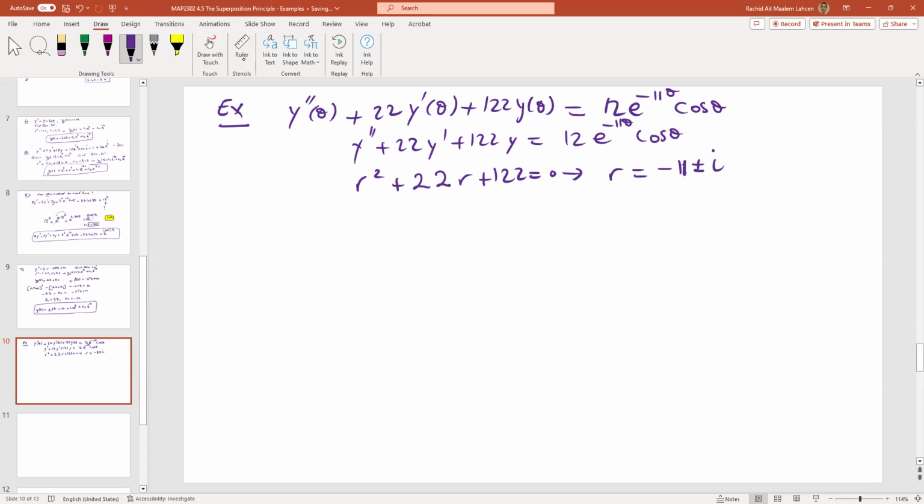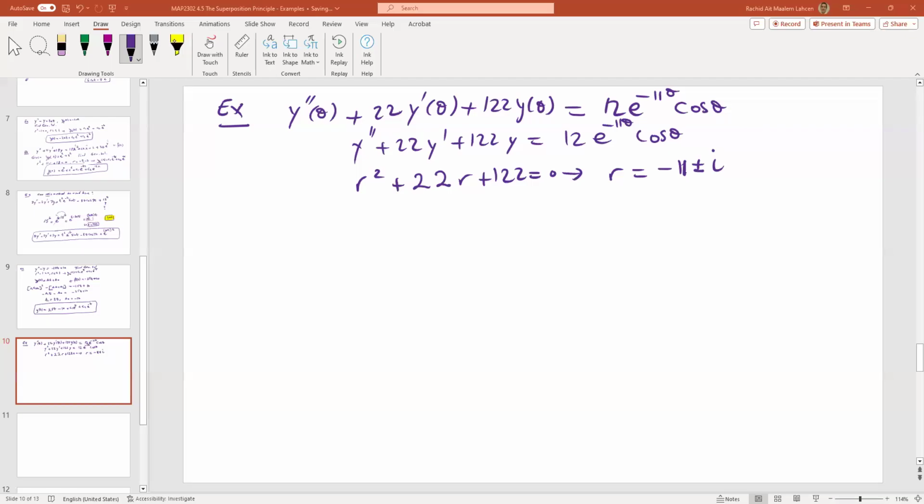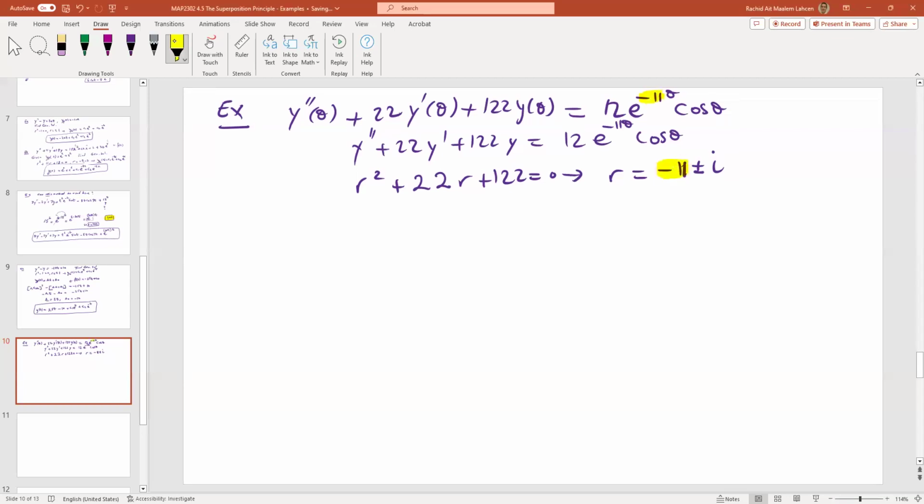All right, so comparing them, alpha is this, theta is this. So s is going to be 0.